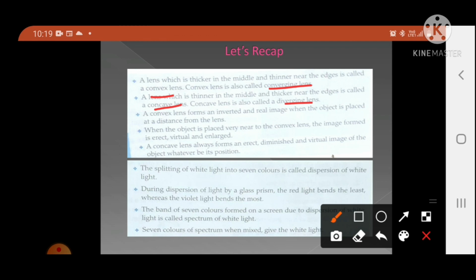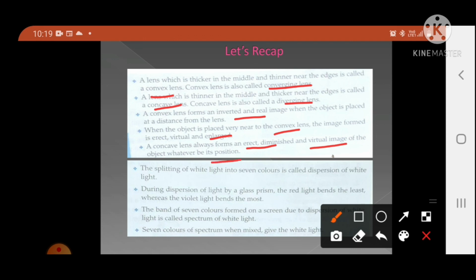A convex lens forms an inverted and real image when the object is placed at a distance from the lens. When the object is placed very near to the convex lens, the image formed is erect, virtual, and enlarged. A concave lens always forms an erect, diminished, means small, and virtual image of the object wherever be its position.